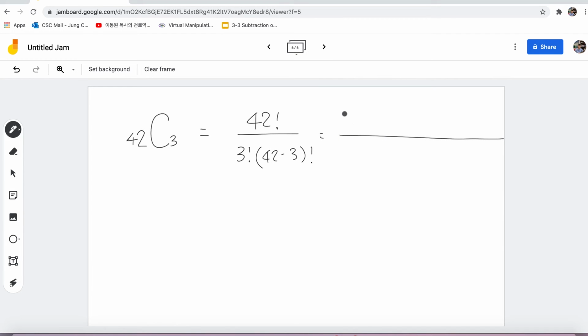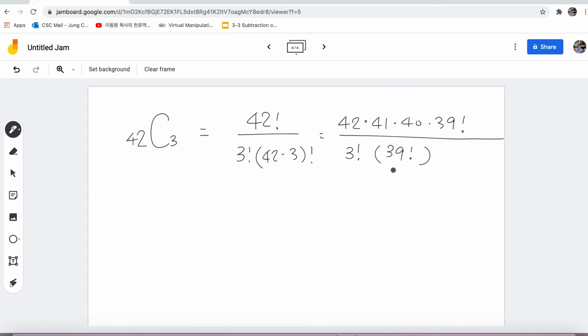So here is an easy way to calculate this. I'm going to write the denominator first. We know this is 3 factorial, and 42 minus 3 is what? 39 factorial. I'm not going to extend this because I know 42 factorial is 42 times 41 times 40 times 39 factorial.